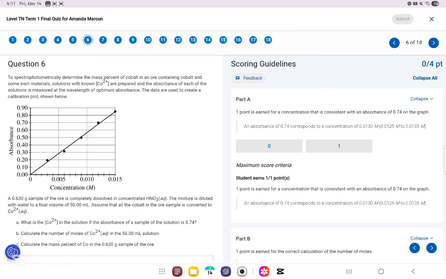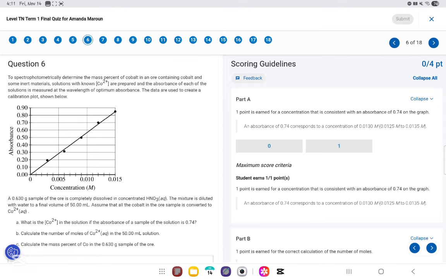So they said, to spectrophotometrically determine the mass percent of cobalt in an ore containing cobalt and some inert materials, solutions of known concentration of Co2+ are prepared, right? And the absorbance of each of the solutions is measured at the wavelength of optimum absorbance. The data are used to create the calibration plot shown below.